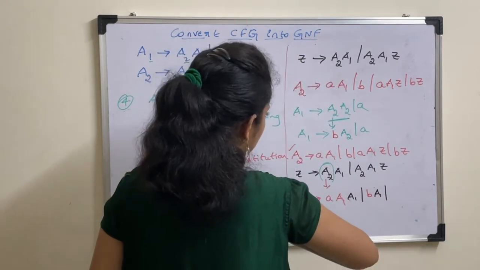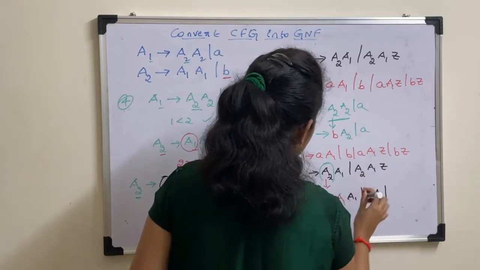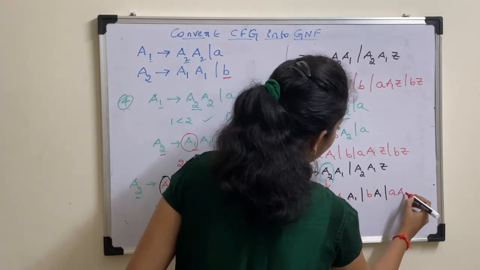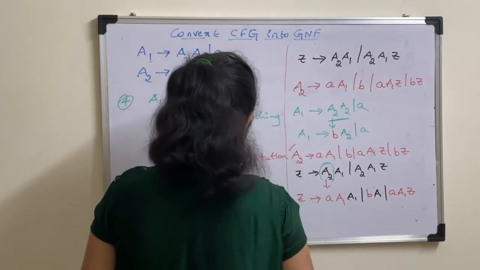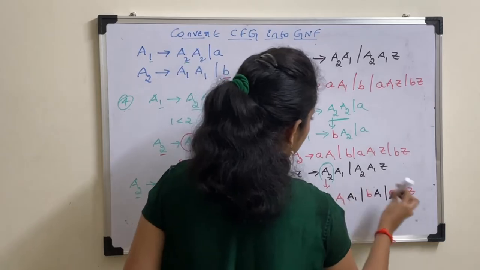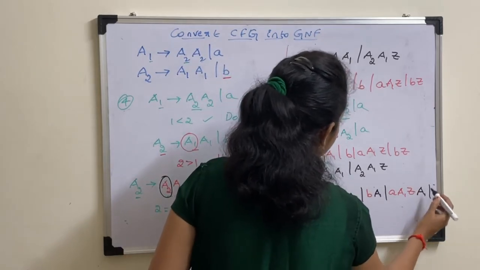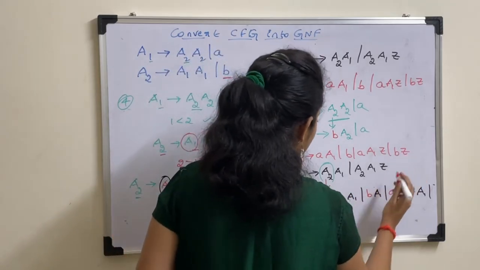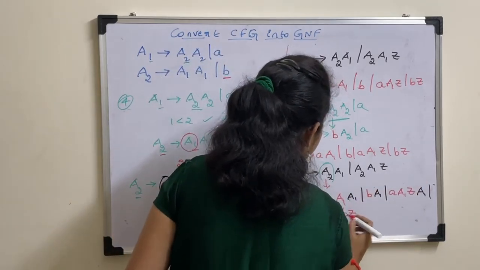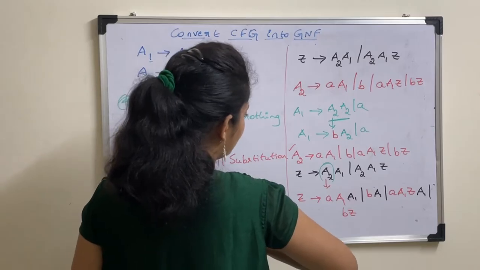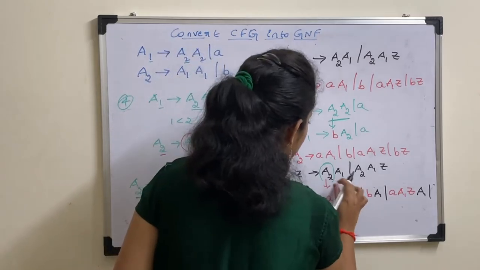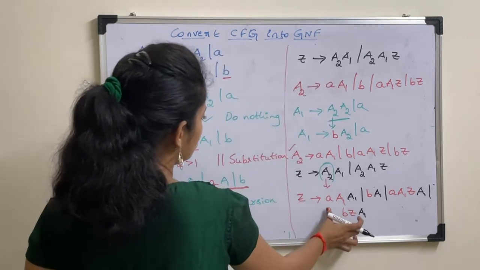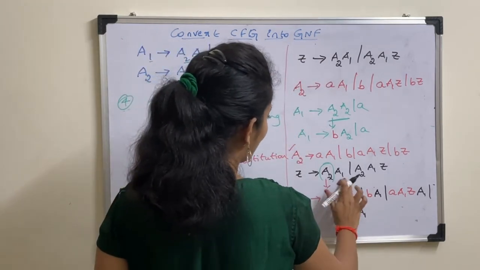Next, A1Z. So A1Z should be substituted in A2. So A1Z, write this A1 as it is. Last one is BZ. Okay, BZ. Write it like this and write this A1. Okay. Now this part is over.